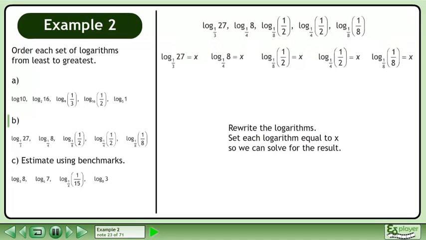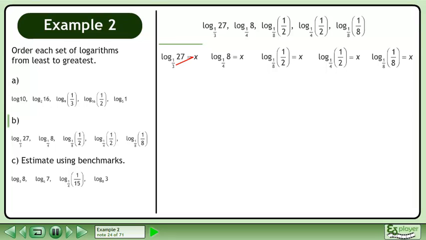Rewrite the logarithms. Set each logarithm equal to x so we can solve for the result. The first logarithm can be written as 1/3 to the power of x equals 27. Write 1/3 as 3 to the power of -1 and write 27 as 3 cubed.